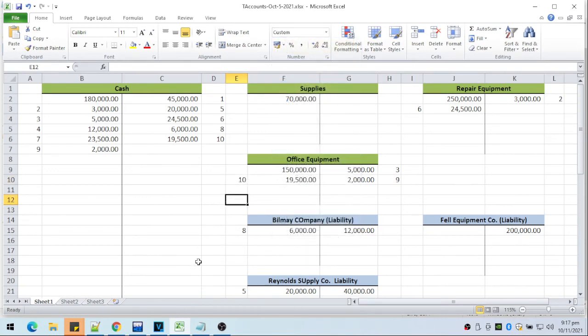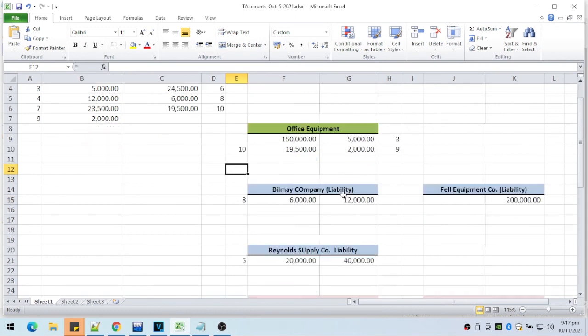Okay, so that's all. We have now posted all of the transactions. Now, to get the balance, we just get the total for the debit minus the total for credit. That will be the new balances for each of these accounts here.